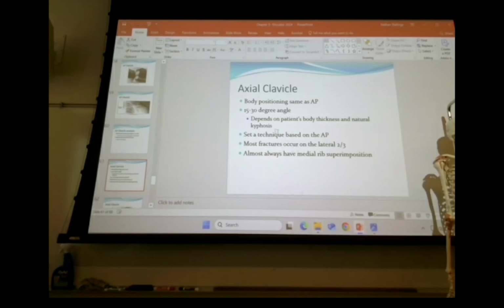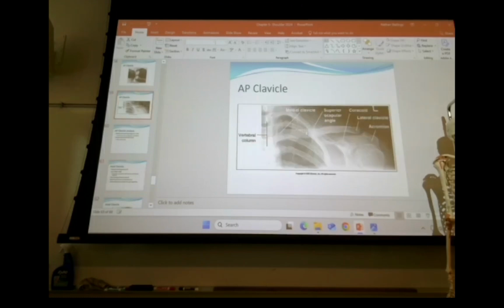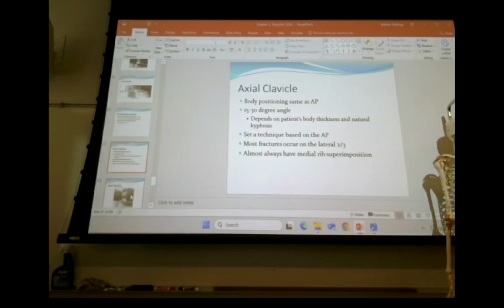All right, so most fractures occur on the lateral two-thirds. Some of the fractures are going to be medial, but most of the time it's going to be from this point here outward. And even with the AP axial, we're going to have some medial rib superimposition.